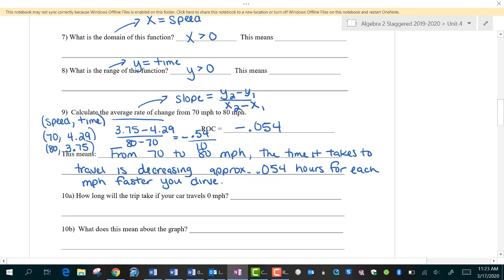I know that the average rate of change is decreasing because when I calculated it, I got a negative number.